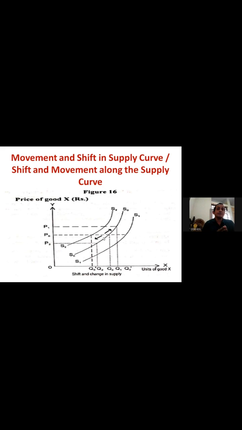Movement in the supply curve takes place when there is an increase or decrease in supply due to the increase or decrease in the price of the good, and shift in the supply curve takes place when supply is affected by other factors. So these we need to remember, and these we have discussed throughout movement and shift in the supply curve.